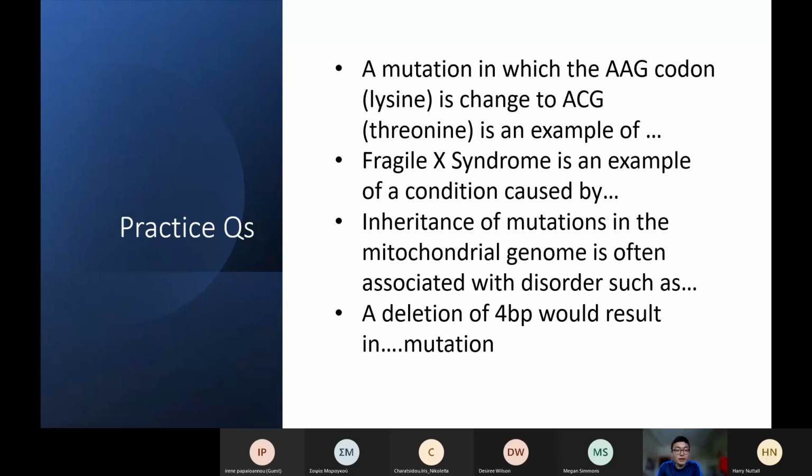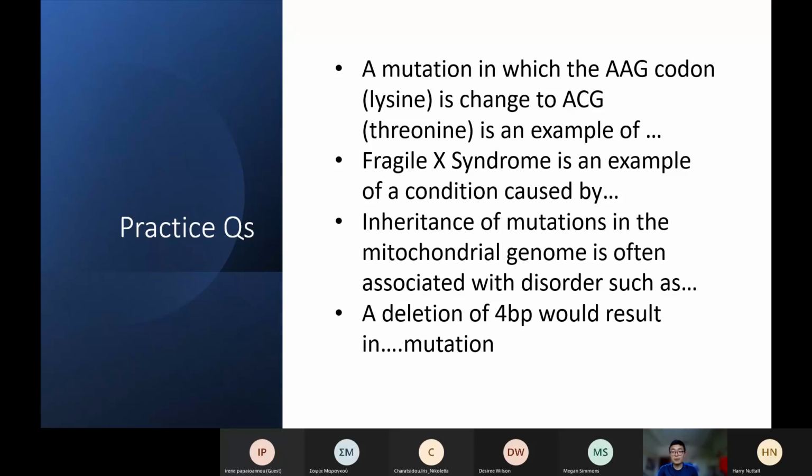Okay, and thirdly, inheritance of mutations in the mitochondrial genome is often associated with disorders such as, so the answer here is neuromuscular diseases. So these tend to involve impairment of the functioning of muscles.